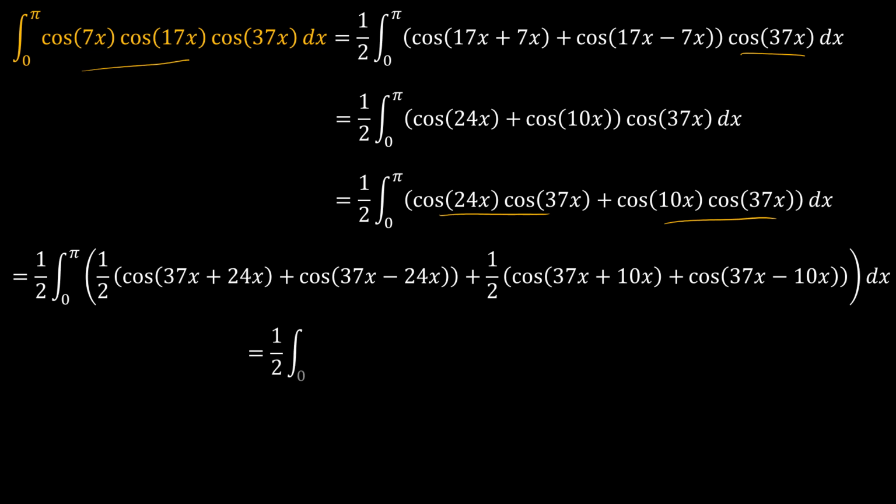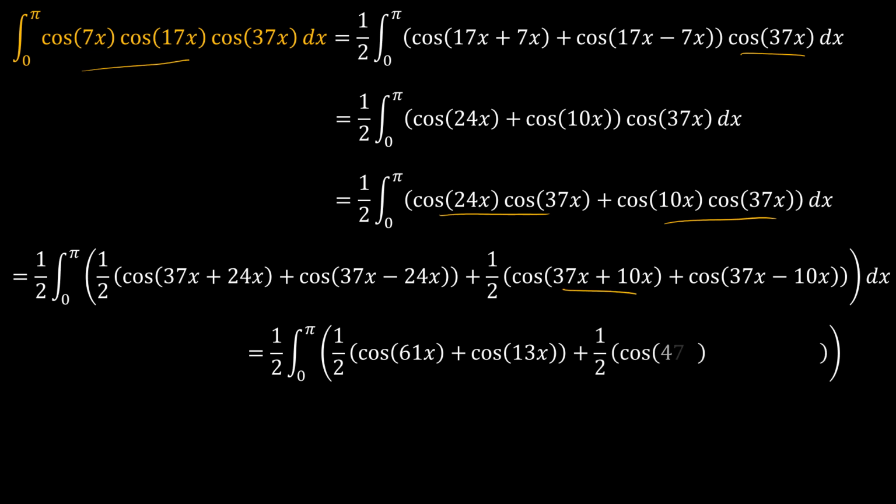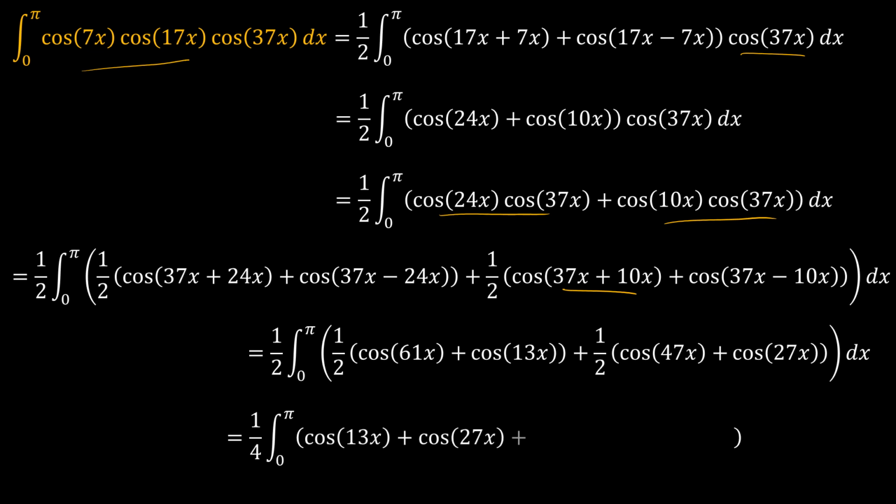This becomes half of the integral from 0 to pi of half of cosine 61x plus cosine 13x, plus half of cosine 47x plus cosine 27x. Then we can pull all the halves out, so you have a quarter, the integral from 0 to pi of cosine 13x, 27x, 47x, 61x, arranged in increasing order.